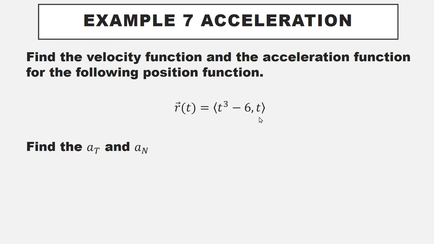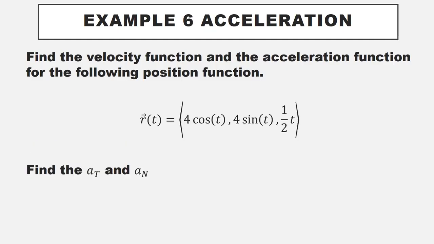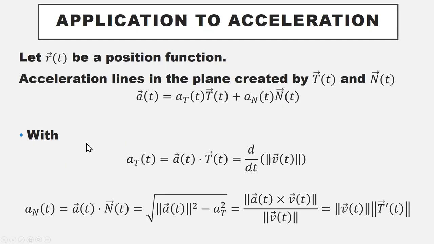We've dealt with this function earlier, and we've found the unit tangent and the unit normal vectors. So because we have nice unit tangent and unit normal vectors, I will probably use the dot product calculation for each of these, but maybe I'll show you another way to compute as well, just to show you that it gives you the same thing.